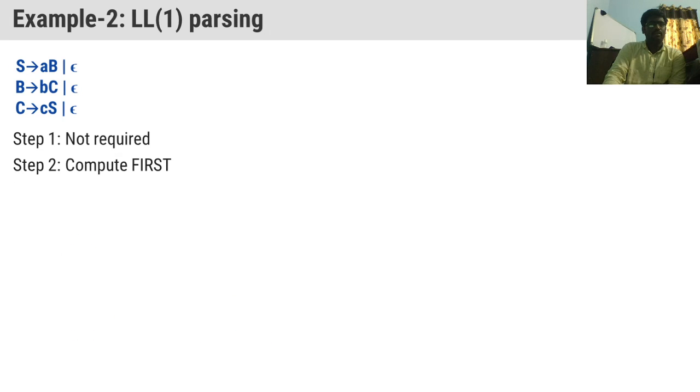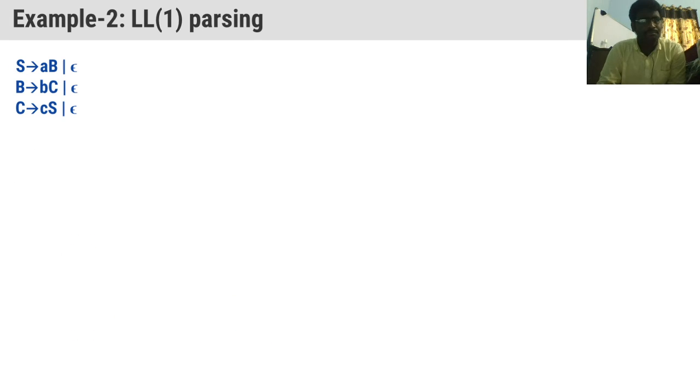Okay, you take this example now. Suppose if I ask you to find out the first sets for the given grammar, what do you identify? What do you find out? So first we will identify the non-terminals in the given grammar. Why? Because we will find out the first sets as well as follow sets only for the non-terminals, not for the terminals.